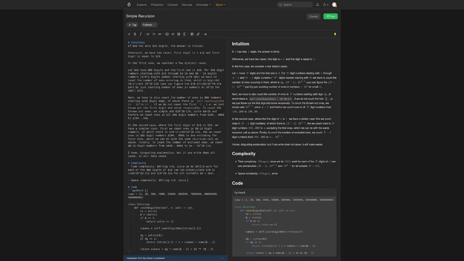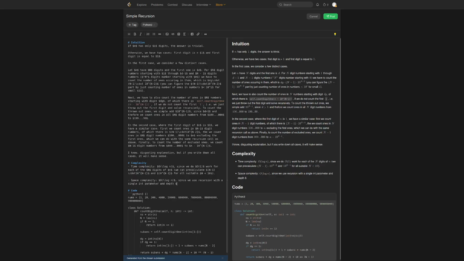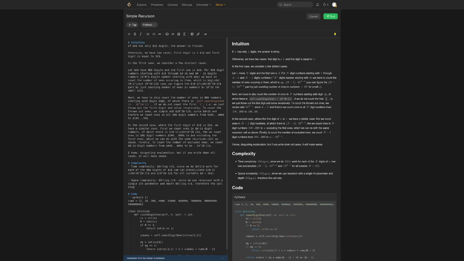O(log n), since we use recursion with a single int parameter, and depth O(log n). Therefore the call stack takes up O(log n) memory.